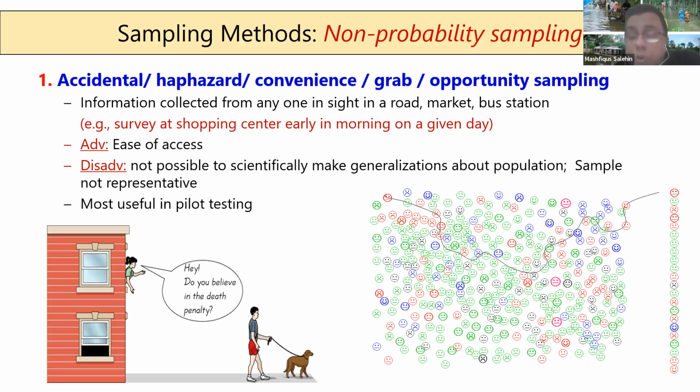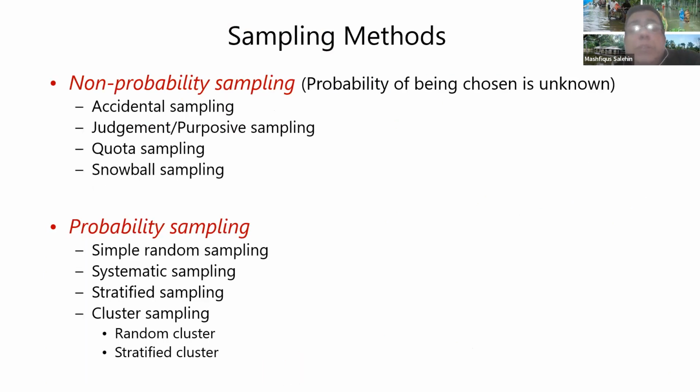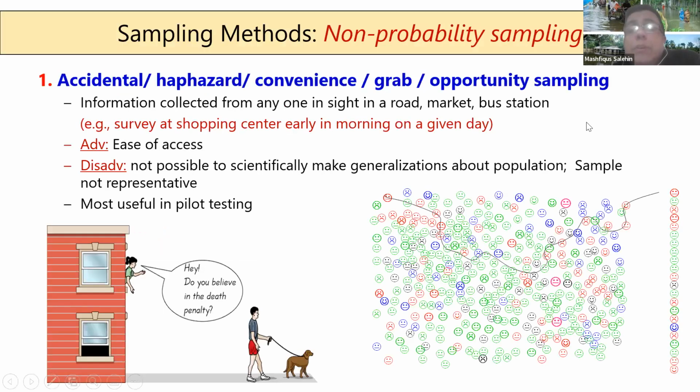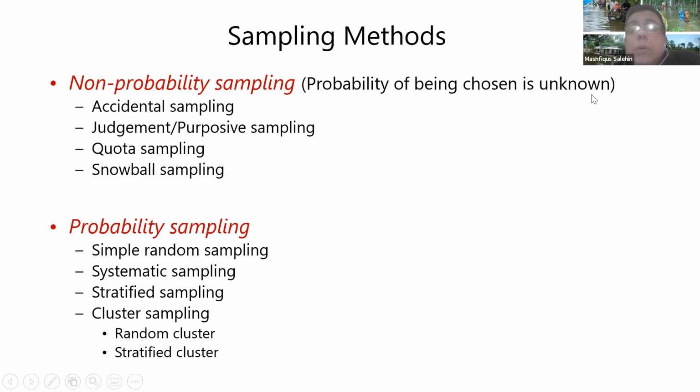So among the non-probability sampling, first of all, the probability of being chosen is not known. So basically we are not following any technique that conforms to our probability theory.